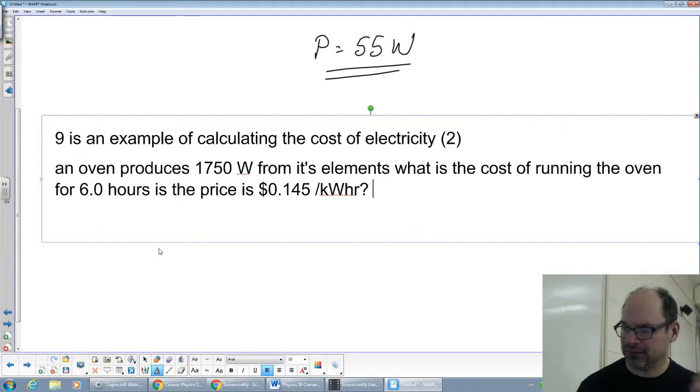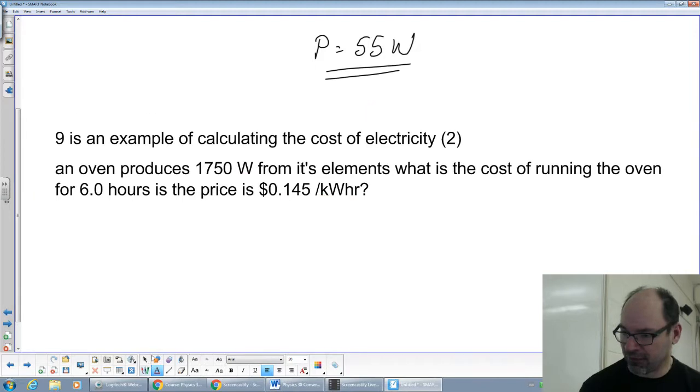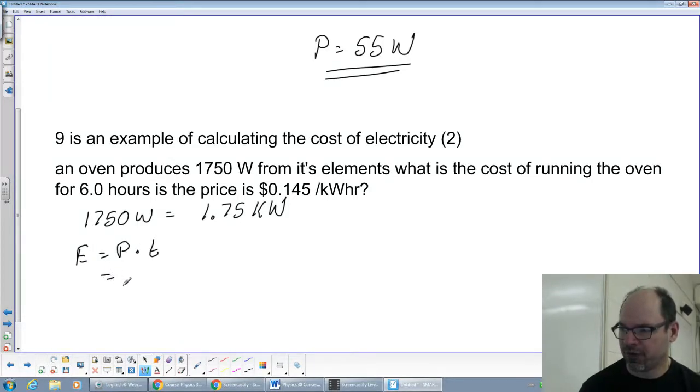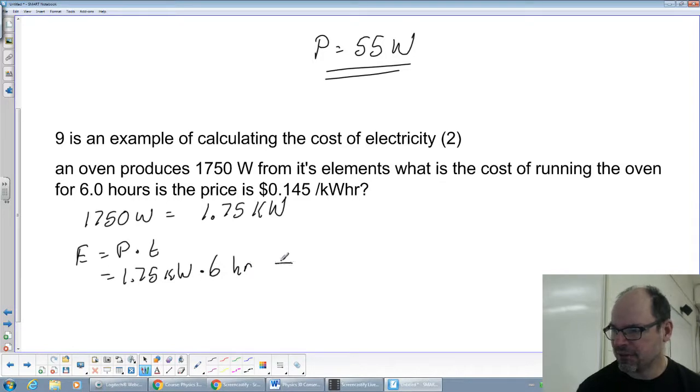So for this one, we would have to do cost of electricity. So we have to change this into kilowatts. So this would be 1.75 kilowatts. Okay, and then energy equals power times time. So in this case, it's 1.75 kilowatts times 6 hours to give us our kilowatt hours.